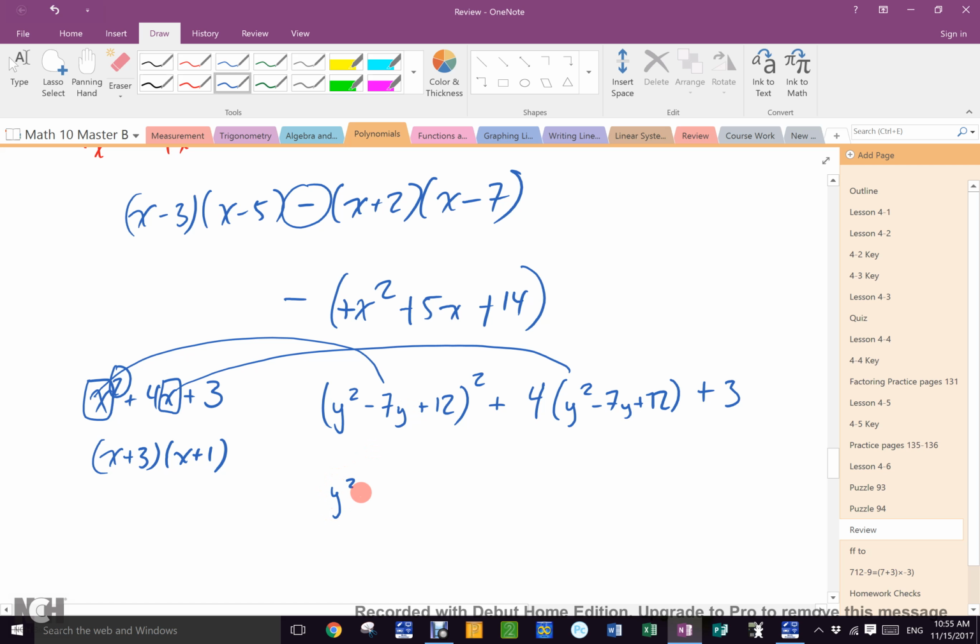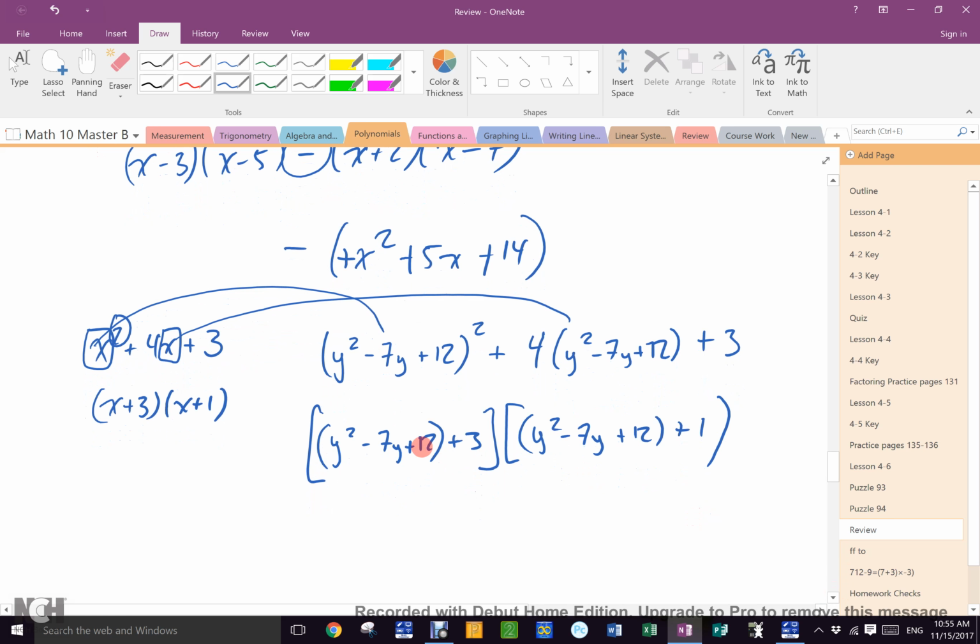It would be y squared minus 7y plus 12 plus 3. Yes? And then what would the other one be? y squared minus 7y plus 12 plus 1. Yeah? Everyone agrees?